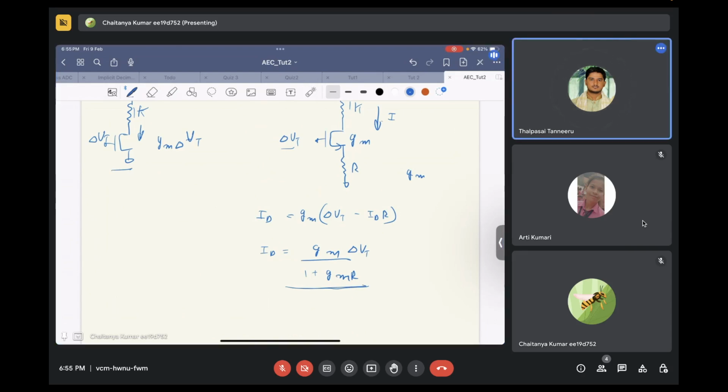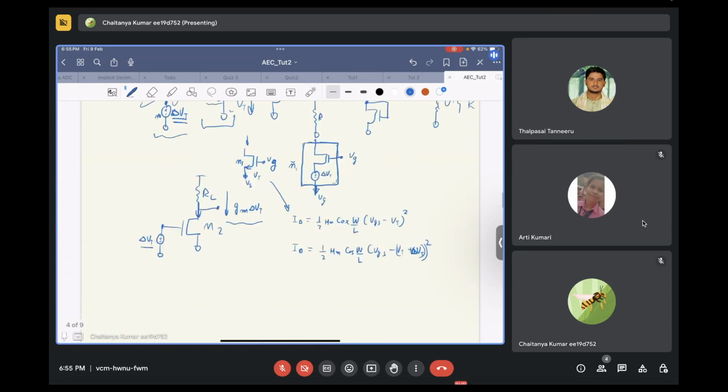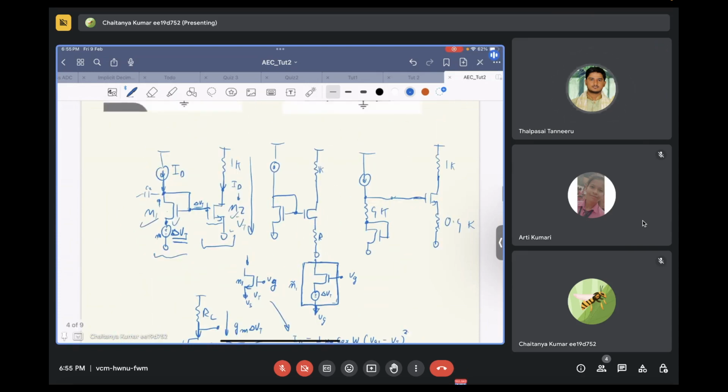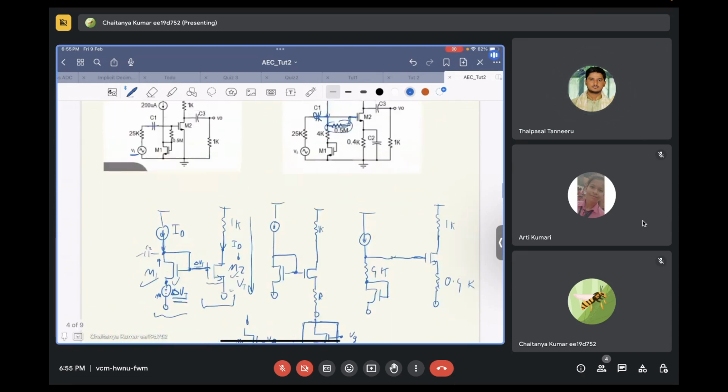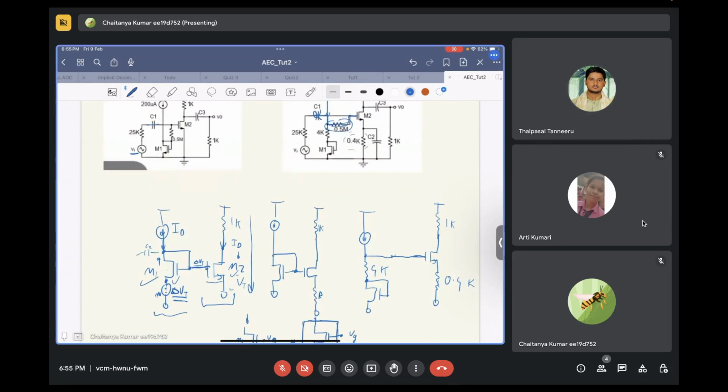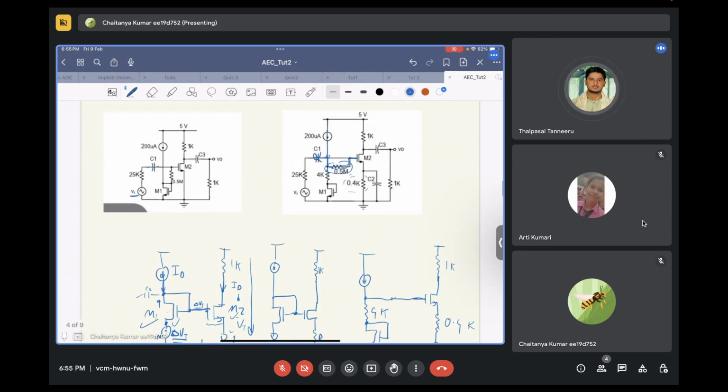So the 0.4k ohm resistor at the source of the input transistor is acting as a degeneration in the DC analysis of the circuit. And this degeneration makes this transistor immune to the VT variation between M1 and M2.